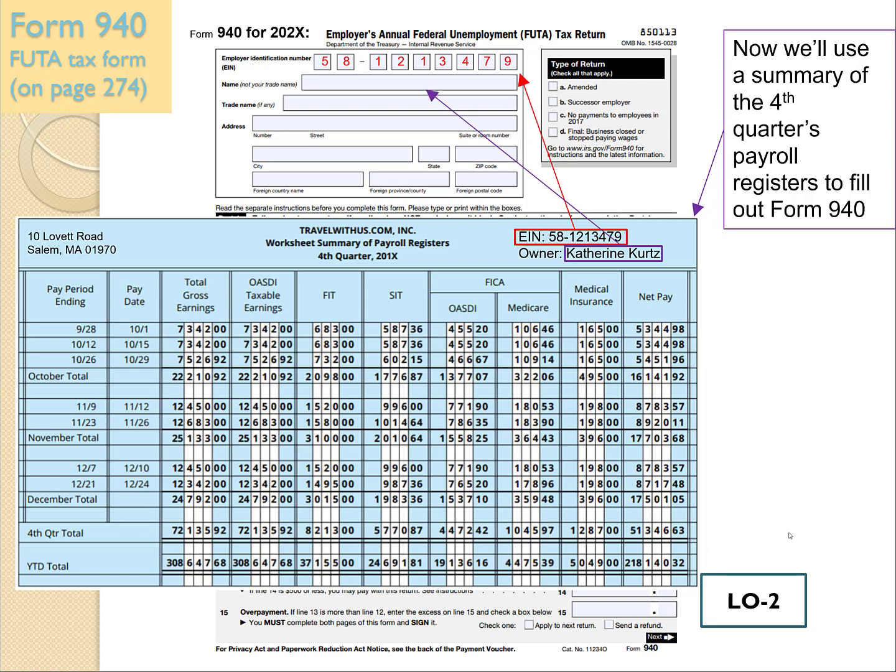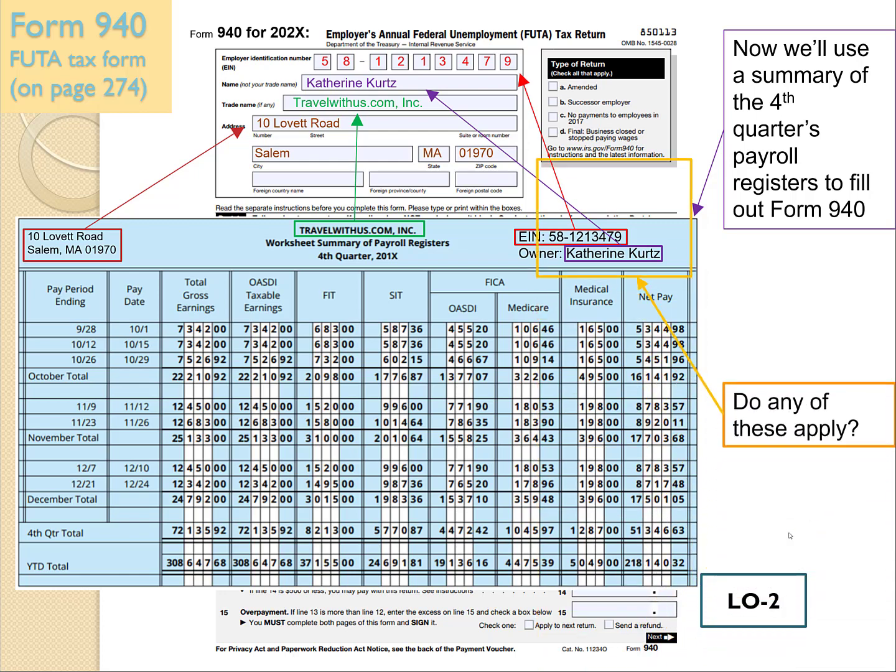The name is going to be Catherine Kurtz, and the trade name is the name of the company. We also have the address information, 10 Lovett Road in Salem, Massachusetts, 01970. So that's pretty easy to fill out.